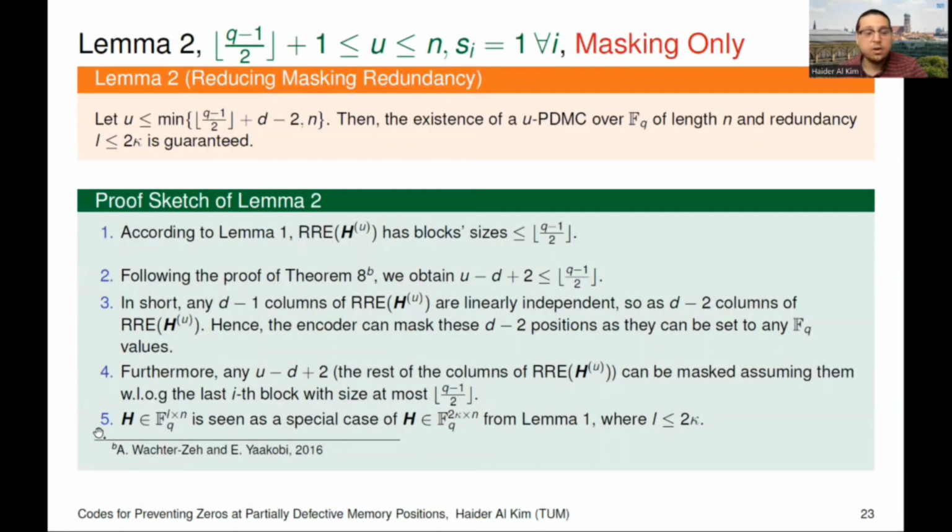So H in this dimension L times n is seen as a special case of the H given in lemma 1, which is 2 kappa times n.